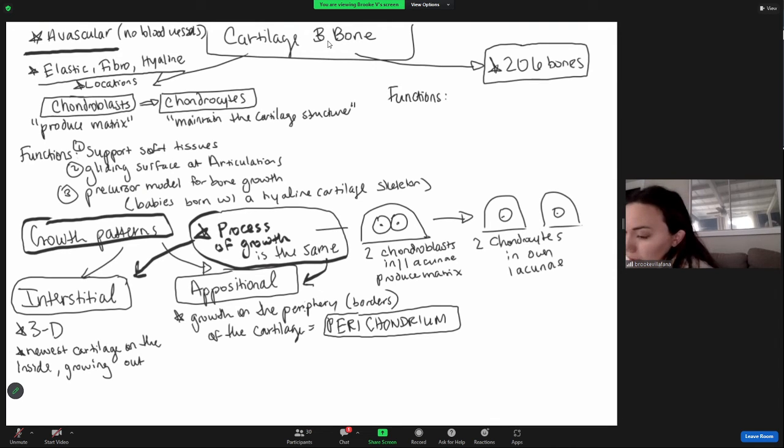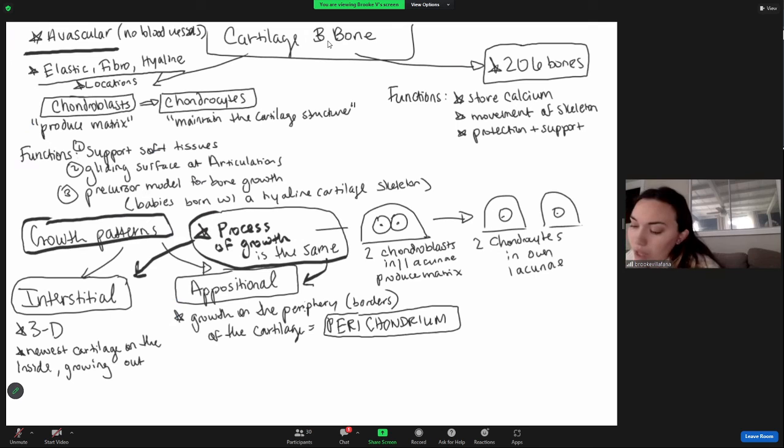So now you know. Functions of bones: to store calcium. I'm going to list our functions, and then we'll go over some more stuff on the next page. They store calcium, they move the skeleton, right? Help us with movement. They function for protection and support. I feel like that's pretty obvious. They protect your lungs and your heart with your rib cage, protect your other tissues. They store phosphorus, another mineral they store.